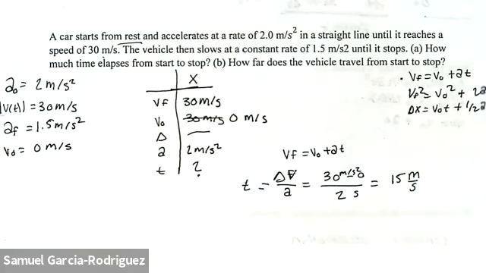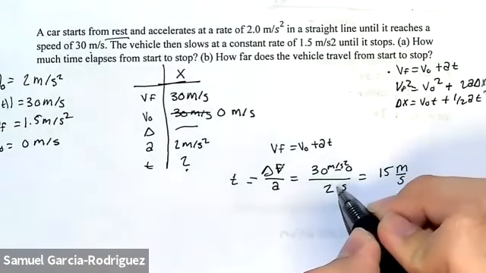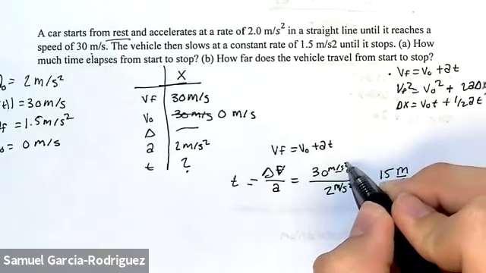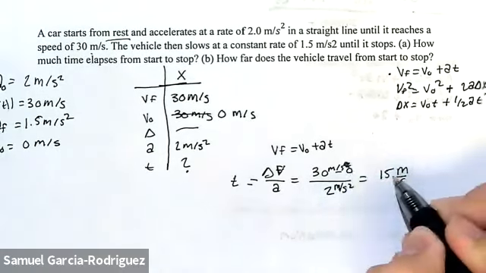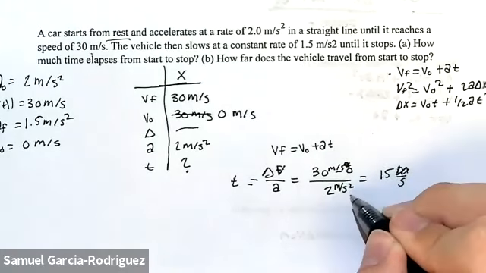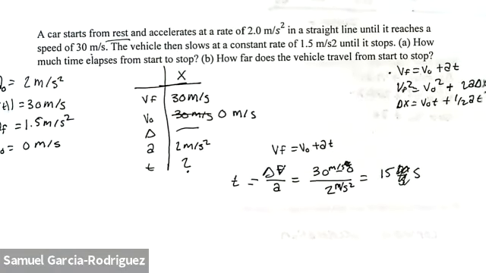That gives us 15. Oh my God, that's not right. I'm sorry, you were right the first time. Because this is meters per second squared and this is meters per second, the meters are going to cancel, the seconds are going to cancel, and the seconds are going to go up top, so it's going to be seconds. Yep, you're right. I'm sorry.